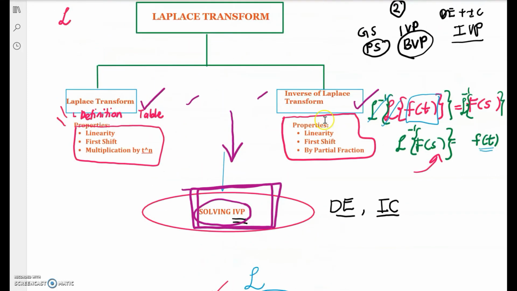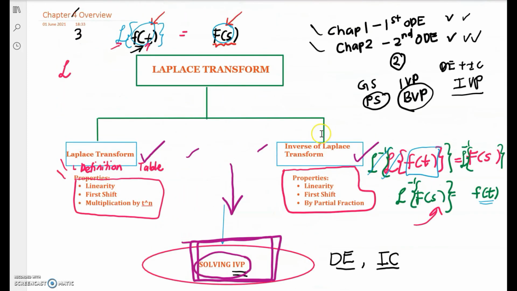In detail, we will discuss the properties of the inverse Laplace transform. Just now it was the properties of the Laplace transform, but now it is the properties of the inverse. What are they? Linearity, the same as we have here, so we will learn the opposite of this one. It will be easy.